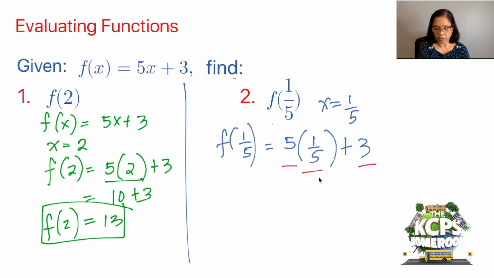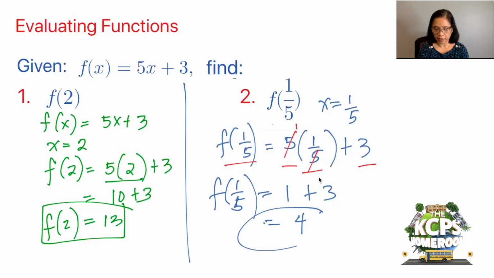Simplifying, 5 times 1/5 is 1, plus 3. Then the function value when x is 1/5 is 4. So that's the value of f when x is 1/5.